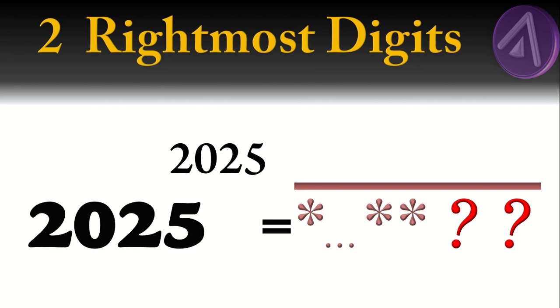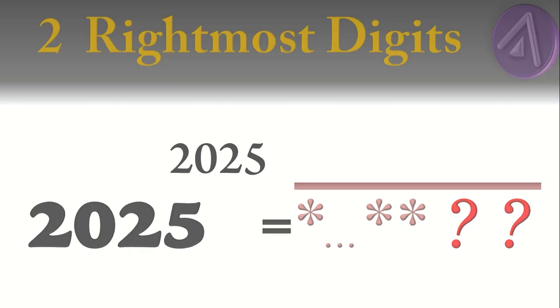In this episode, we are going to use a method to get these two digits. So stay tuned until the end of the video, and let's get to our question.